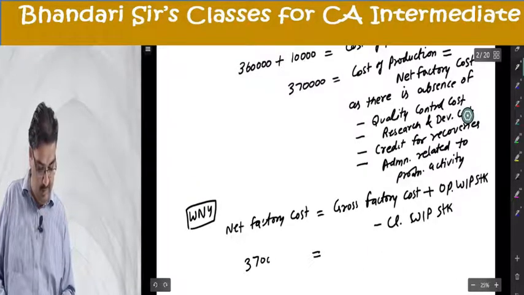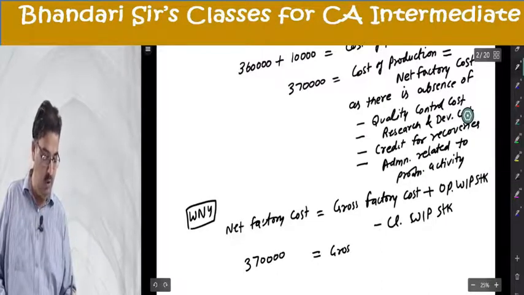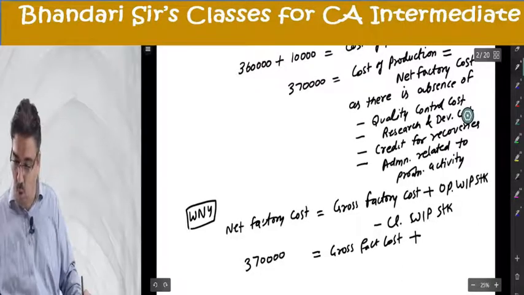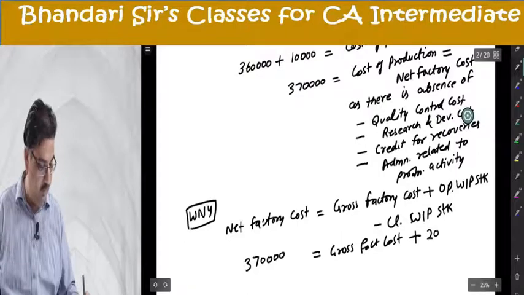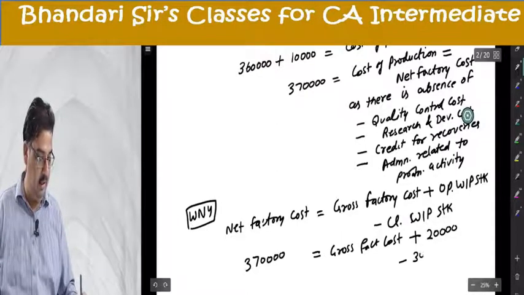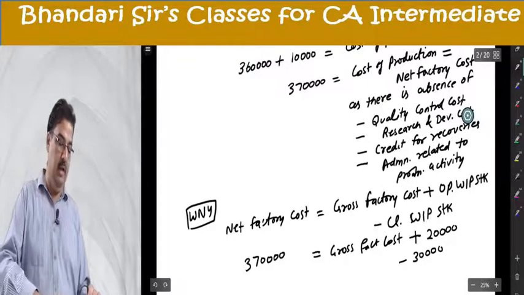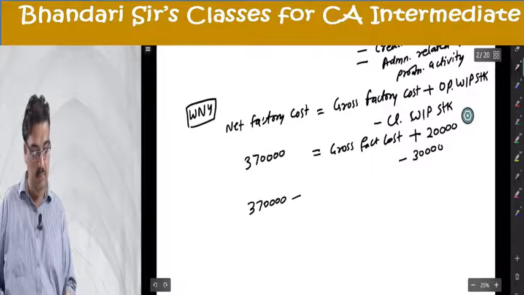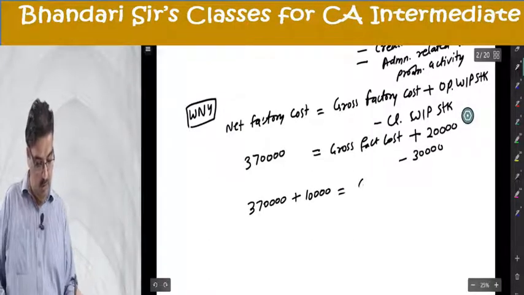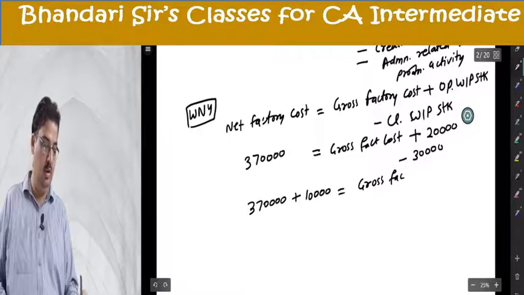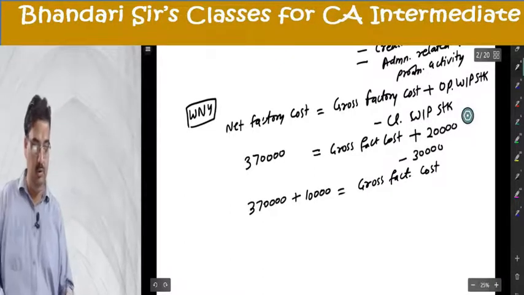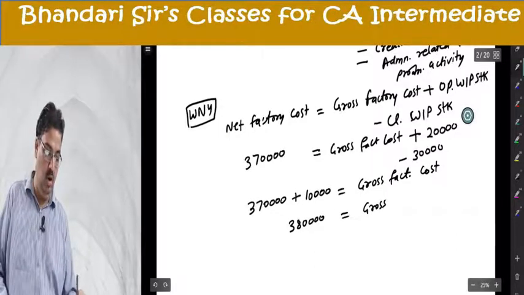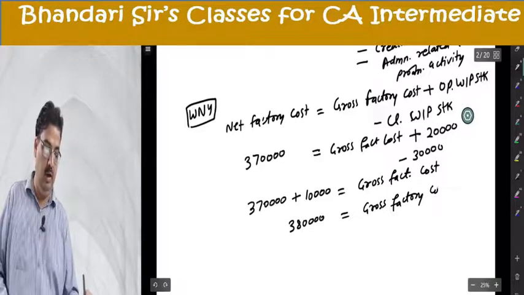This is 3,70,000, gross factory cost plus opening WIP stock given at 20,000 minus 30,000. Again it is minus 10,000 on right hand side, will be added on left hand side. Gross factory cost, 3,80,000 gross factory cost.